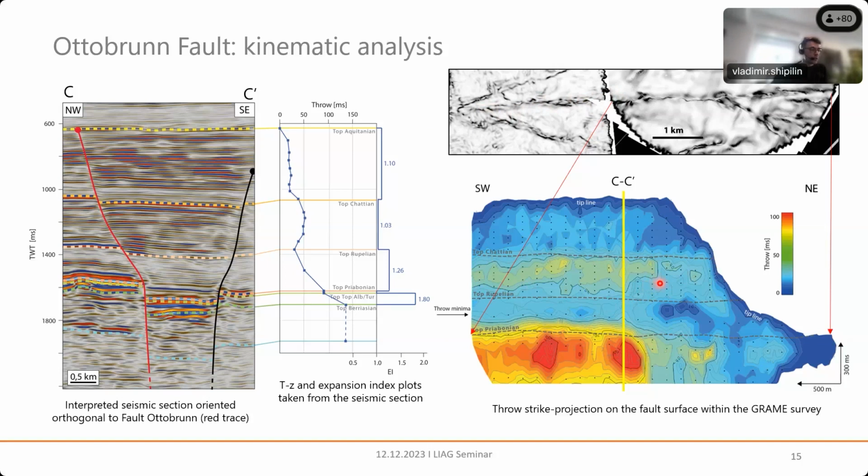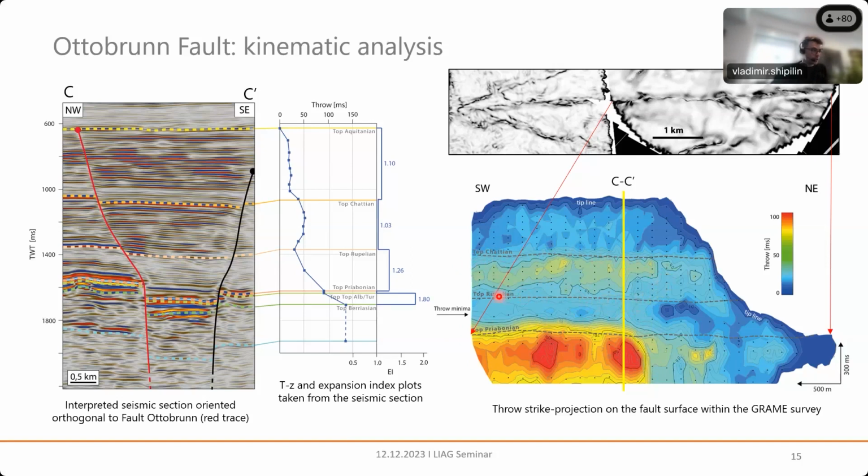So I postulate that the fault most probably first initiated below top Preabonian, most probably within the Upper Jurassic carbonate sequence. Then there was a period of tectonic quiescence, and then a new fault segment above, within the competent Chattian layers, nucleated.